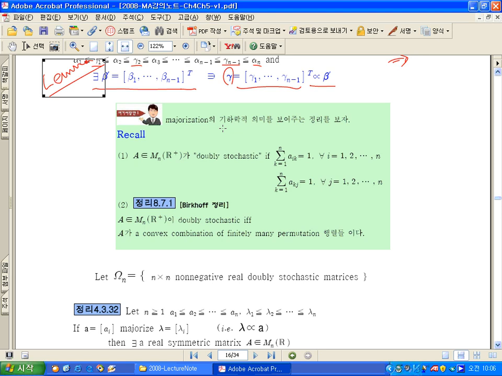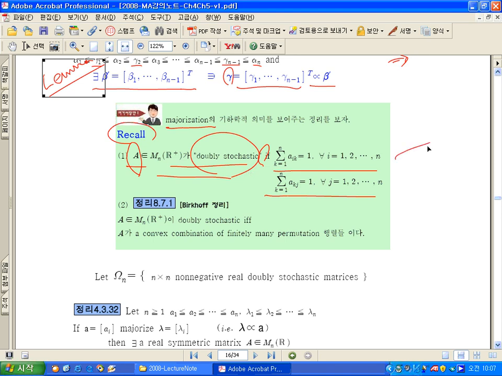Anyway, let's give some more thought to the geometrical meaning of majorization. A non-negative matrix A is called doubly stochastic if the row sums are all ones for each row and the column sums are all ones for each column.